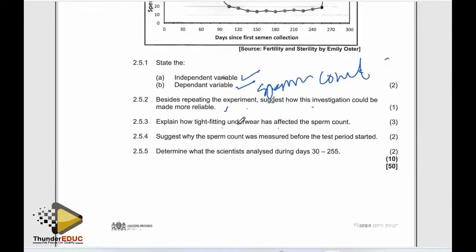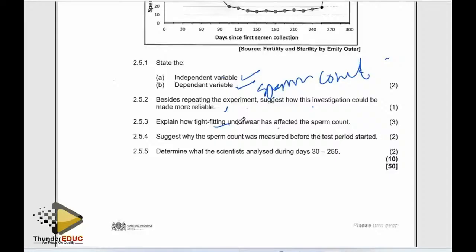So it means that by elevating the scrotal temperature, impacting on the blood flow to the testes, hence low sperm production.